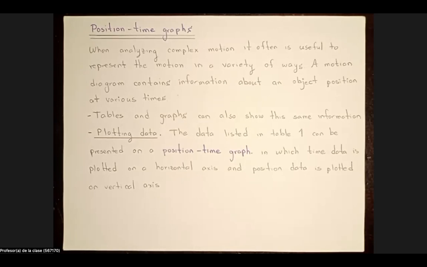Always, when you have a variable like position, velocity, acceleration, temperature, pressure, and you are studying these variables along time, time always is going to be the independent variable and will go on the x-axis.